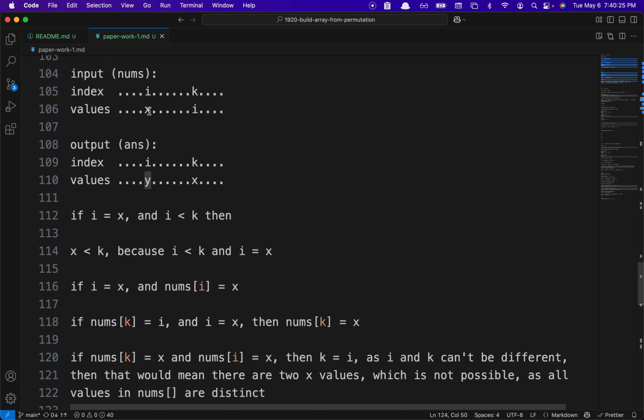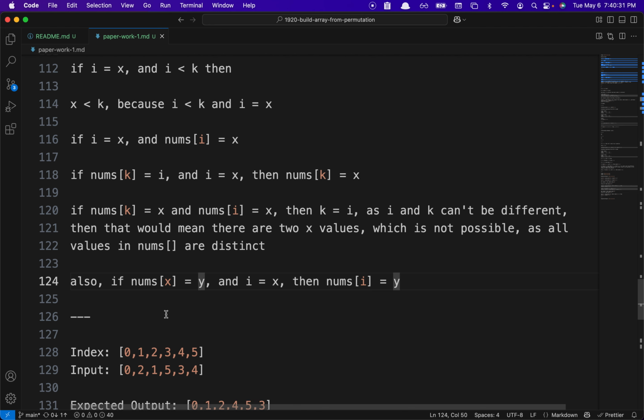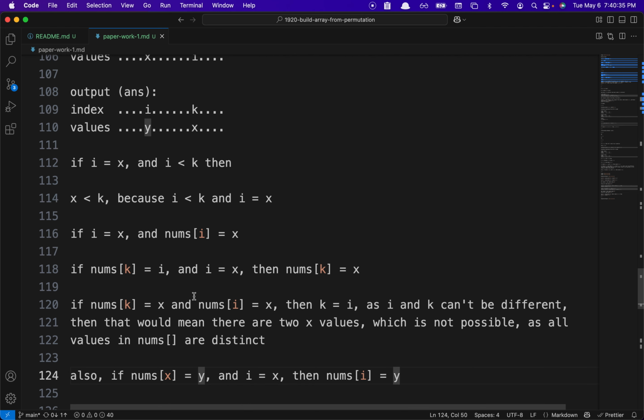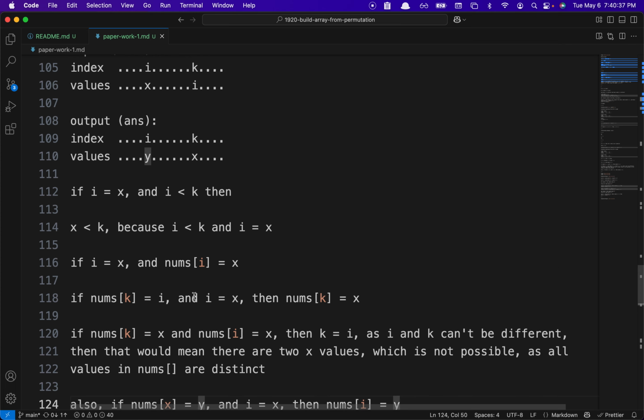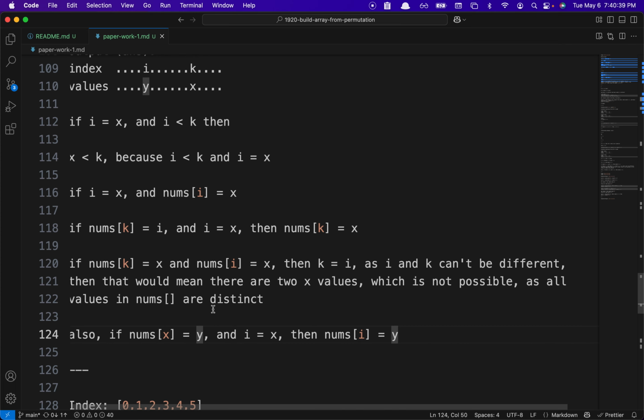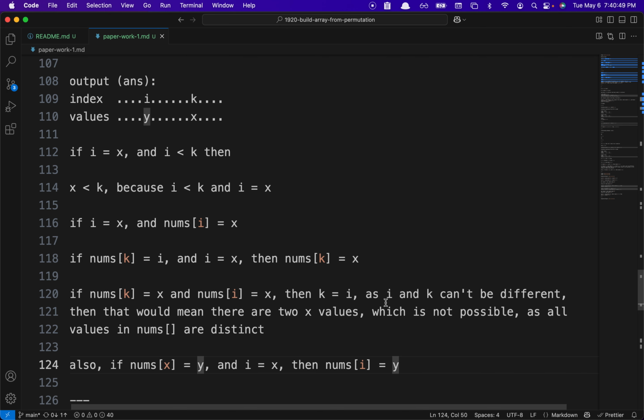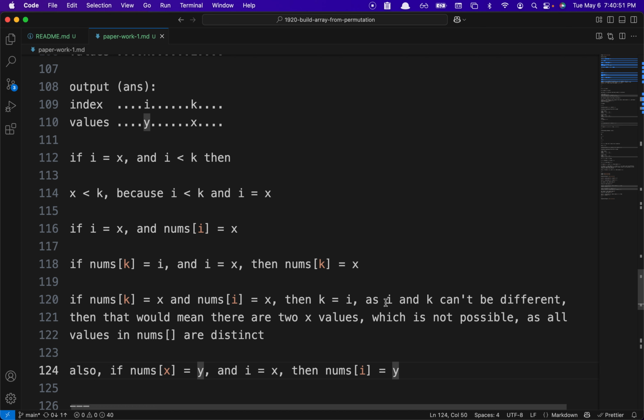The nums of i is nums of x, nums of x is y, and i is equal to x. Nums of i equal to y, right? Makes sense.